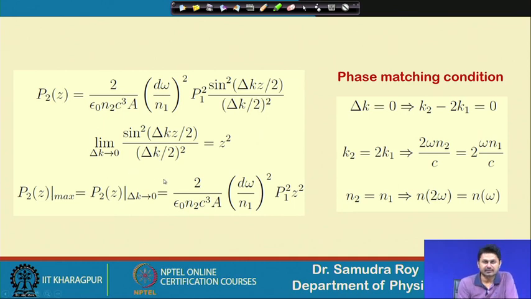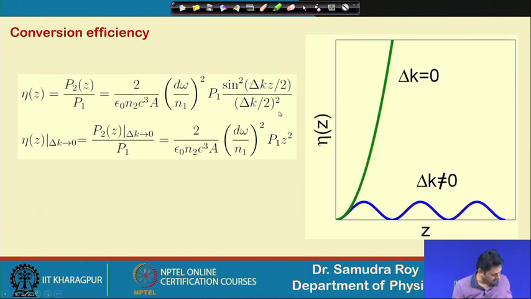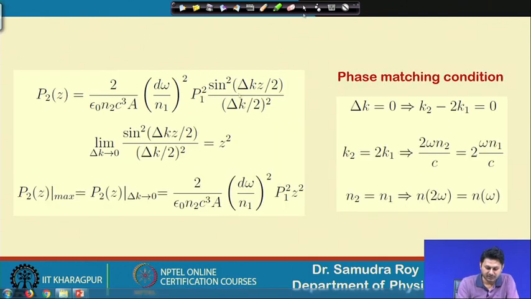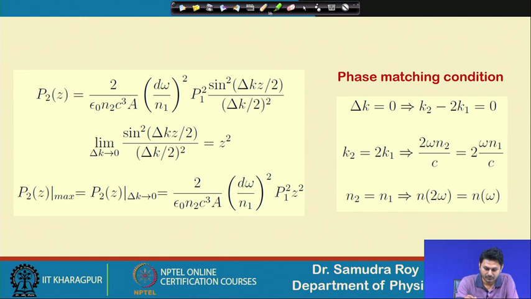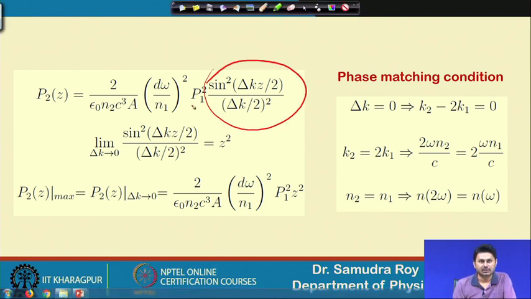So, here the thing we try to emphasize is that we have a sinc function, sine square delta k z divided by 2 and these things.